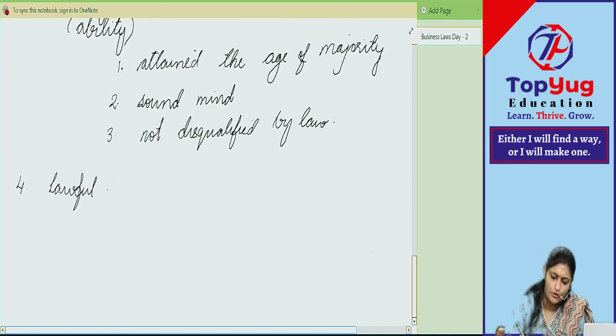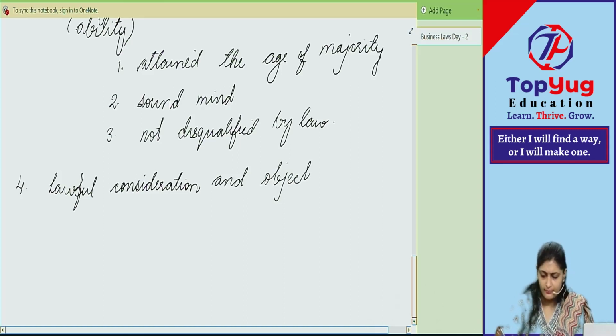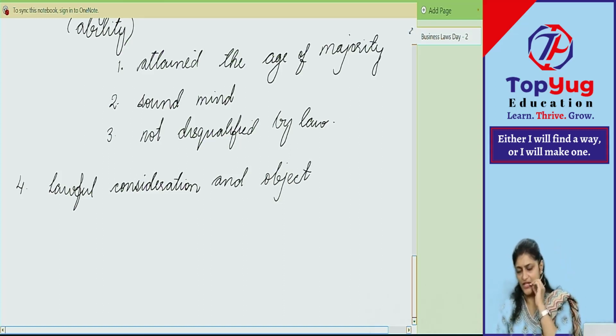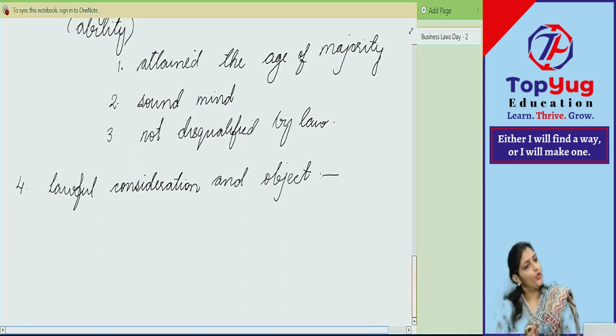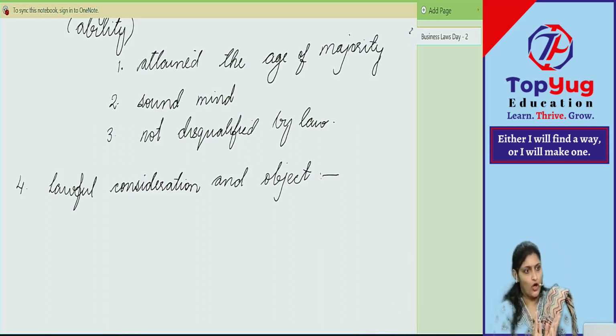Next essential element to be present is lawful consideration and lawful object. Lawful consideration and lawful object. So what is law telling you? You are entering into contract. Consideration should be lawful, that is as per law, and your object also should be as per law.